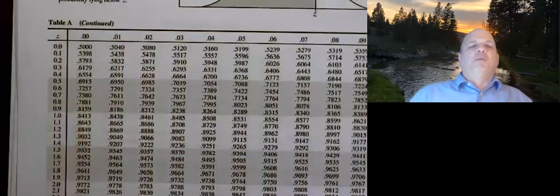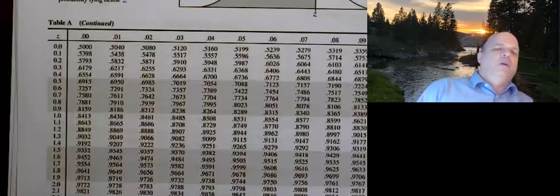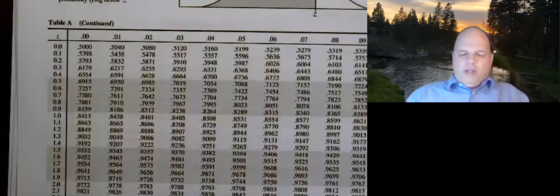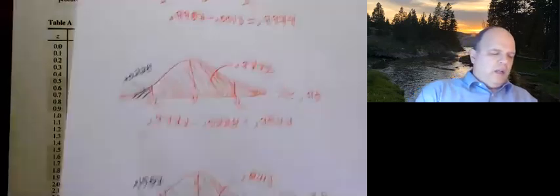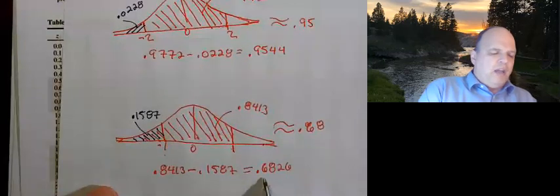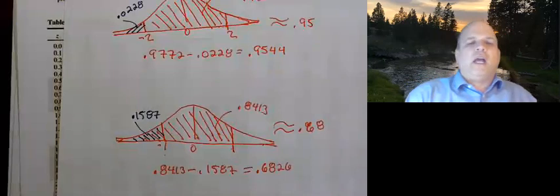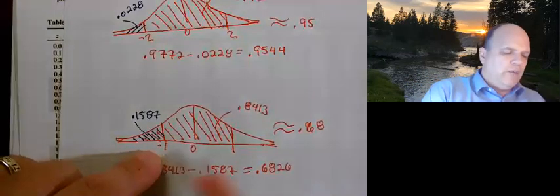So 84% is the percentile rank. 84% of the data is below +1. When I write that down and subtract them, I find out it's about 68%. So about 68% of the data lie between -1 and +1.